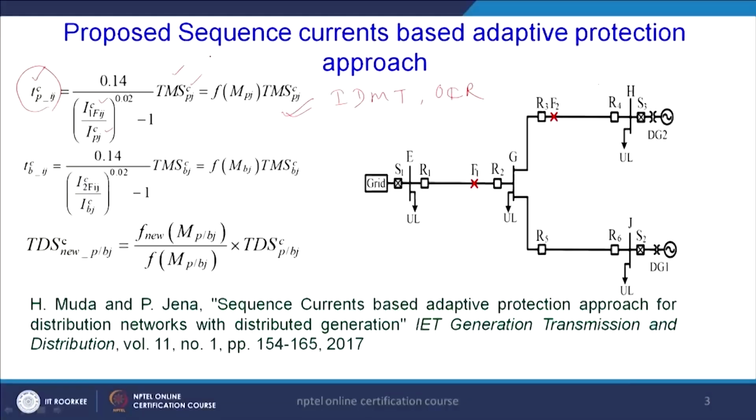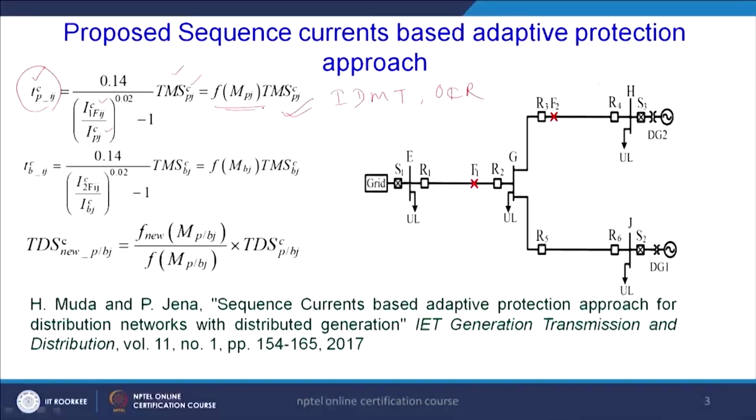Now, C stands for the mode of operation of the microgrid system. As I have already discussed, knowing this mode of operation is very essential: whether the microgrid is connected to the main grid or isolated from it, that is, the islanded mode of operation.